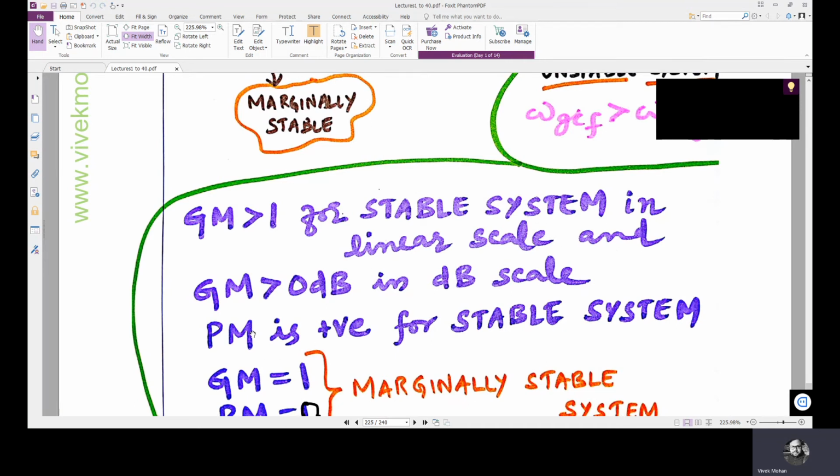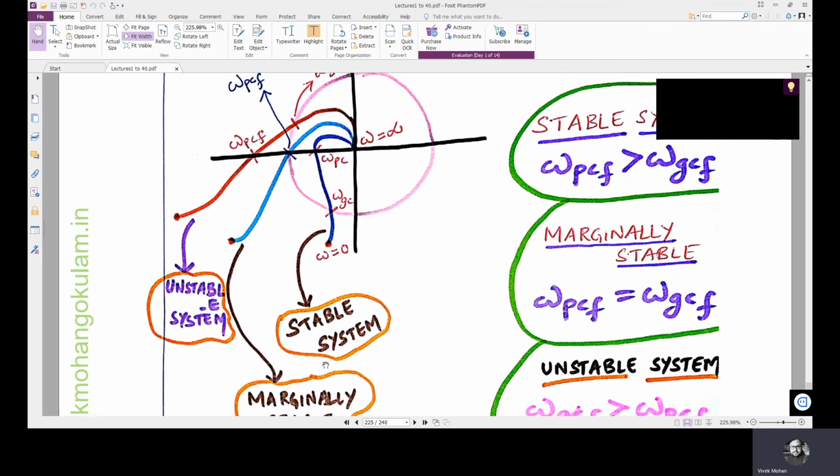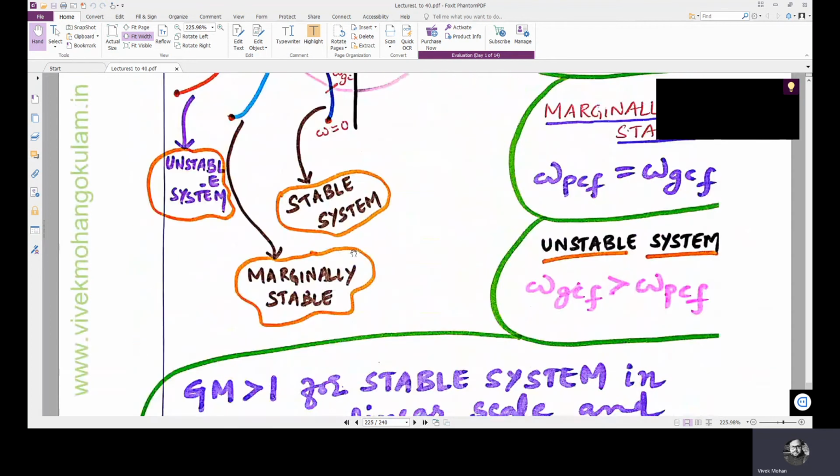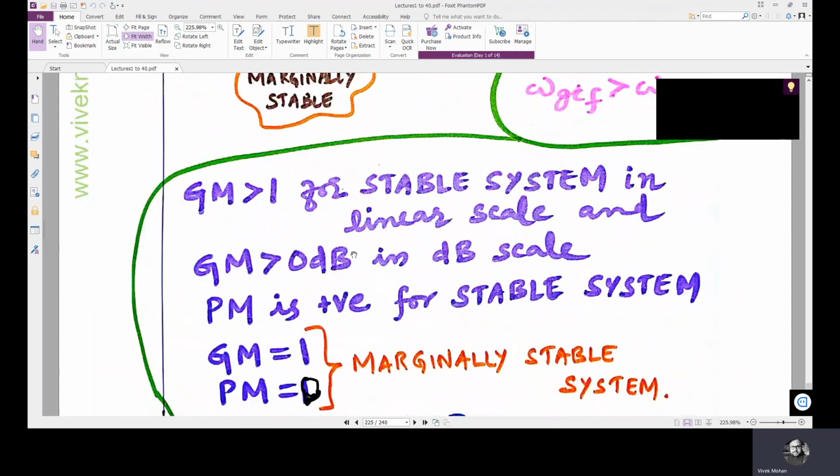Now, what about the phase margin? Phase margin is positive for a stable system. How will you find the phase margin? Phase margin we evaluate at gain crossover frequency. So here is the gain crossover frequency. So if you join these two lines and take 180 plus angle, then it will become 180 plus minus some angle, which is less than 180 degree.